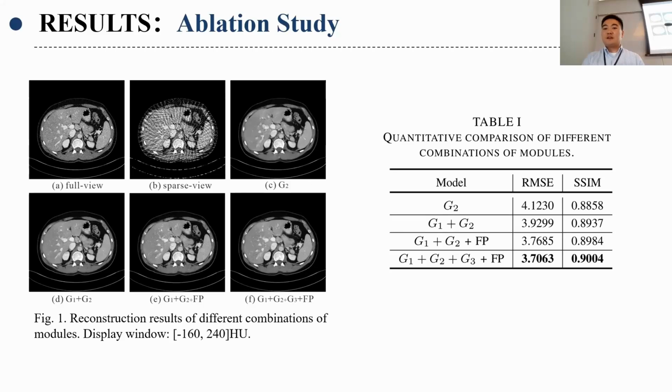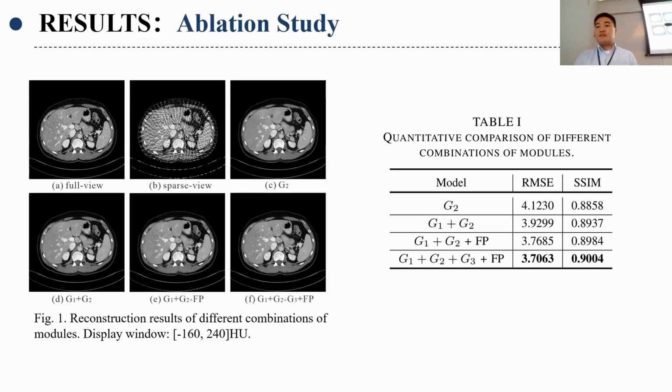Experiment 3 adds an FP module on the baseline of experiment 2 to realize the consistency constraint between the reconstructed image and measured data. In this experiment, they didn't consider the forward projection error. Compared with experiment 3, experiment 4 uses image domain network G3 to learn the errors generated in the forward projection.